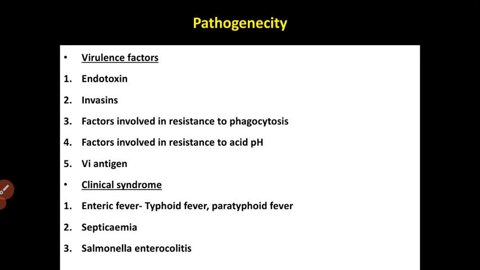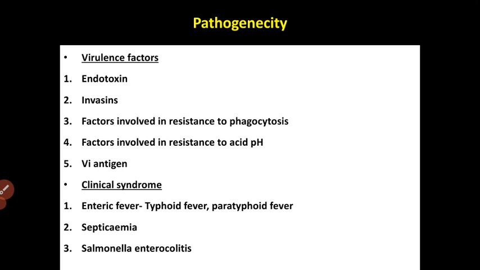Next, other factors neutralize defensins, small cationic proteins that facilitate killing of bacteria by phagolysosomes. Fine? Understood factors involved in resistance to phagocytosis. Now next, factors involved in resistance to acid pH.